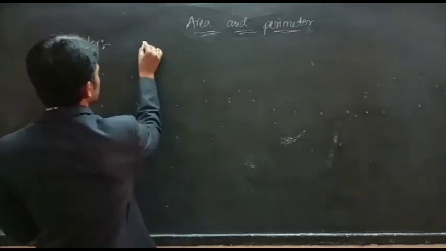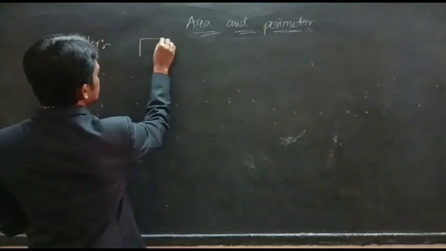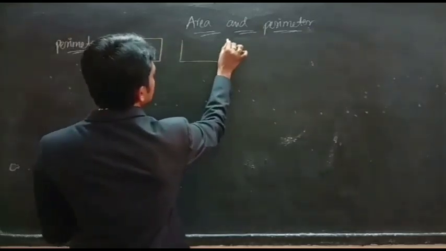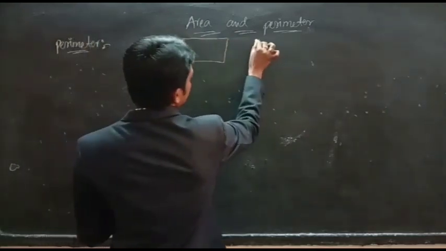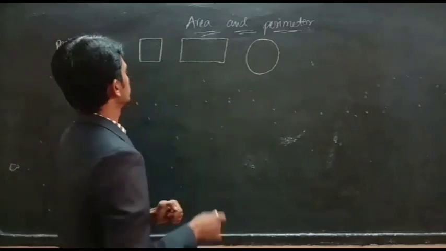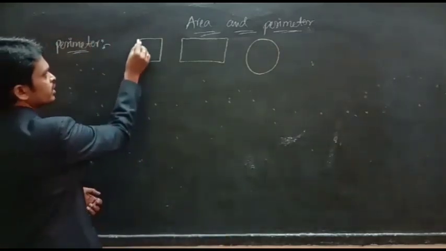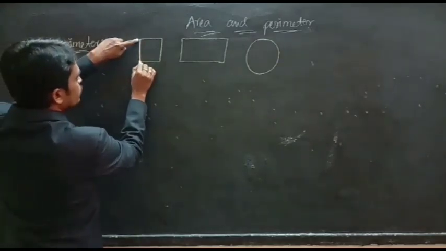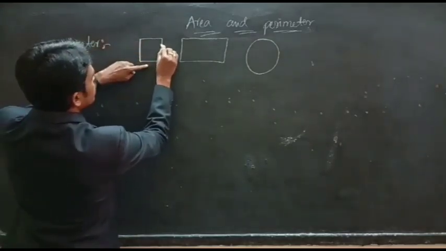For example, look at these geometrical diagrams: square, rectangle, circle. Perimeter is nothing but the length of the total boundary.